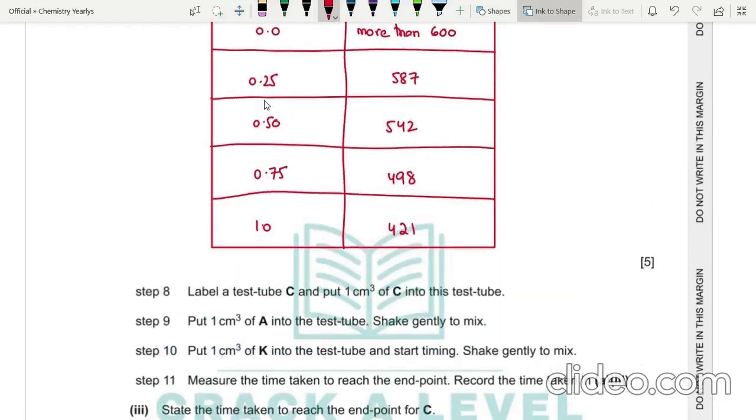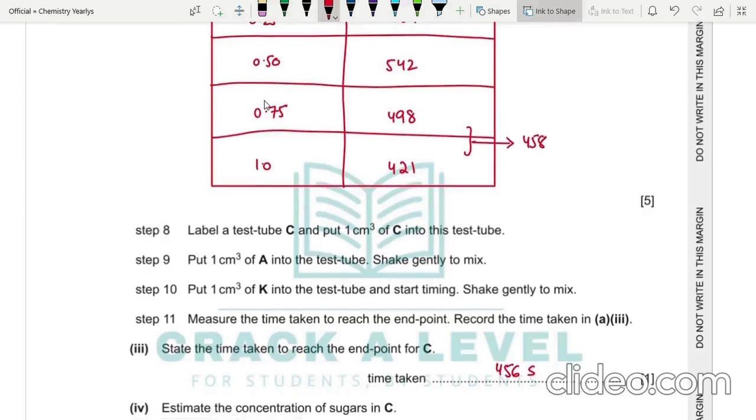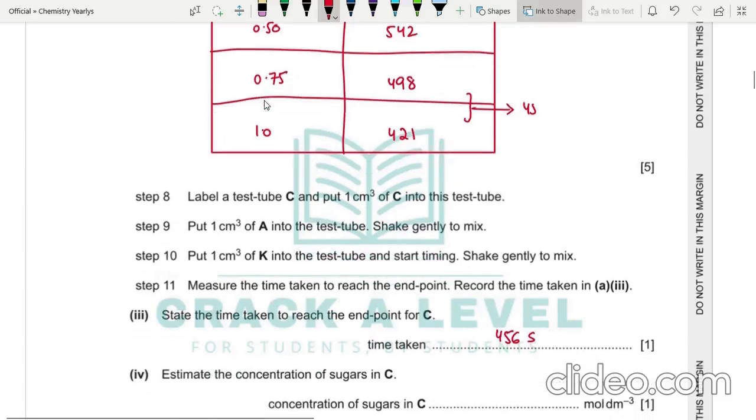The 458 seconds will be somewhere between these two marks. So what we could do is predict any concentration between these two marks, like between 0.75 and 1.0.